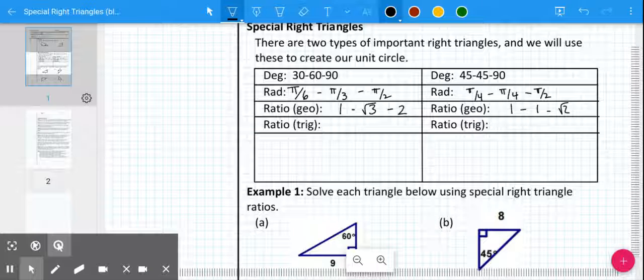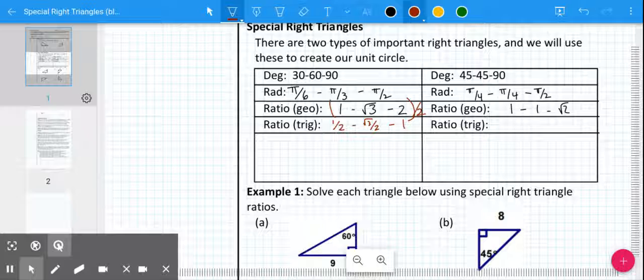What we do in trig is we actually don't use that ratio. We adapt it. What we want in trig is for the hypotenuse to be a 1. So if I take this ratio and divide everything by 2, the ratio now becomes 1/2, root 3 halves, and 1.